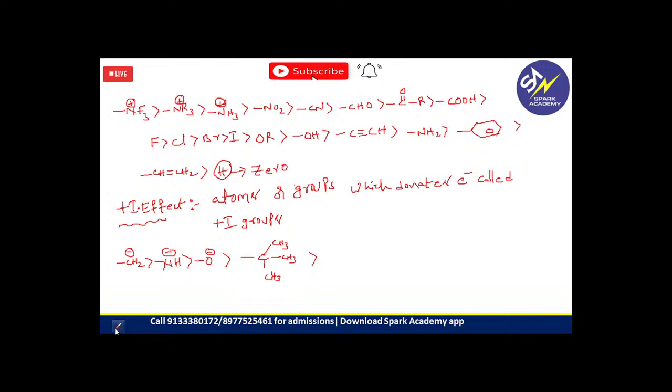Secondary alkyl group, for one hydrogen, is greater than primary, which is greater than CT3. Here tritium greater than CD3, D represents deuterium, greater than CH3. This is the order of plus I effect of some important groups.